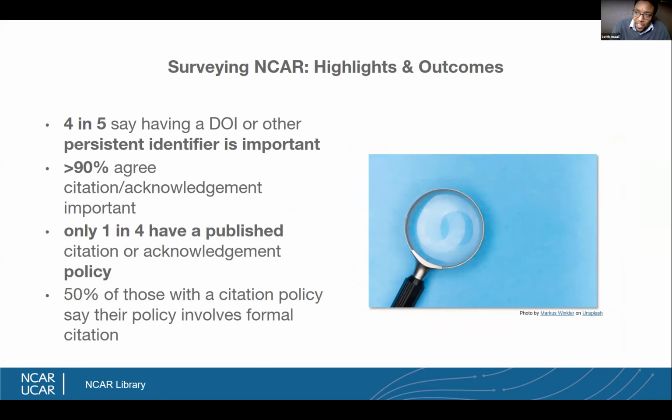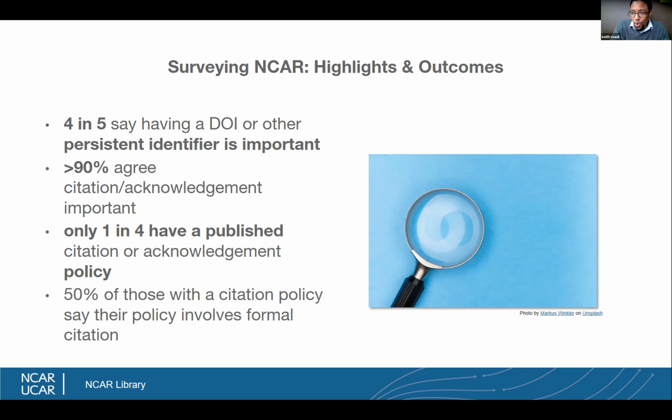The highlights of this: 4 in 5 respondents said that they thought having a DOI, or other persistent identifier for their software, was important. So, that's good news. And more than 90% agreed that having some sort of acknowledgement information about how they would like their software to be acknowledged was also important.